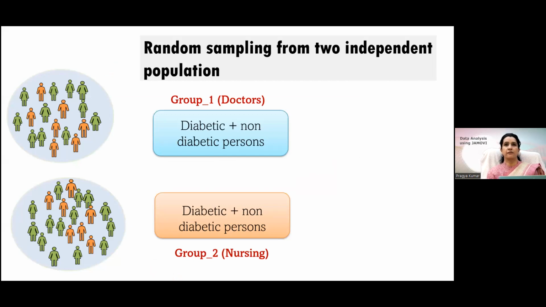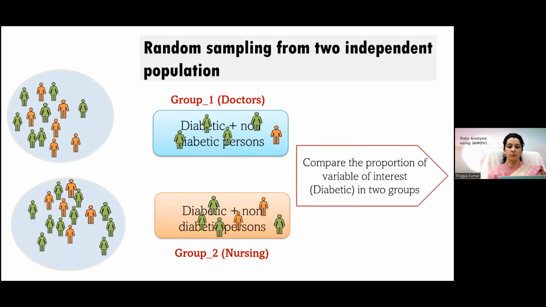First is if we are doing random sampling from two independent populations, like there's a group of doctors and there's a group of nursing personnel, and we have recruited these two groups separately. We see the diabetic versus non-diabetic in group 1 and diabetic versus non-diabetic in group 2, and then we compare the proportions in these two. So this is again random sampling from two independent populations.